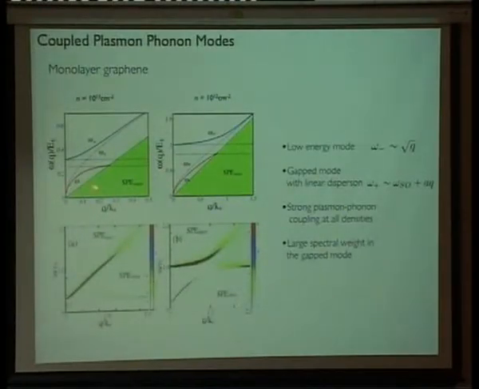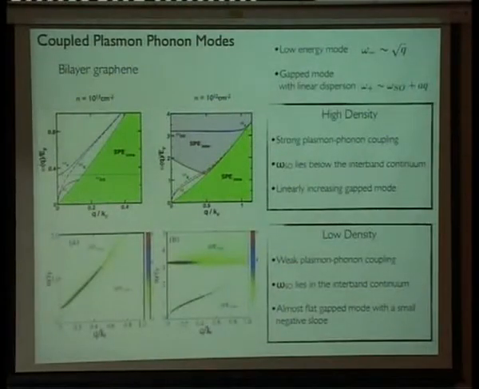And here is the idea that in monolayer graphene, lo and behold, you do see two features. And here is the spectral weight plotted. So you get a low energy mode which goes as square root Q, and a gap mode with a linear dispersion. And there's a strong plasmon-phonon coupling at all densities, basically. And there's a large spectral weight in the gap mode, as you can see from these two calculations.